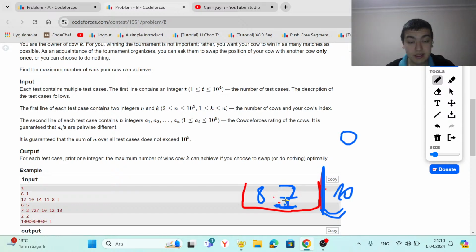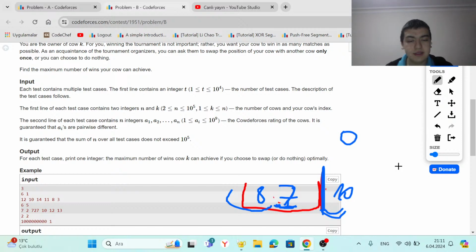Still we have a number that is greater than us on our left. So at least this 8 will come from here and match with us and win against us. So we will still have 0 wins. So we should swap our element with the leftmost element that is greater than us.